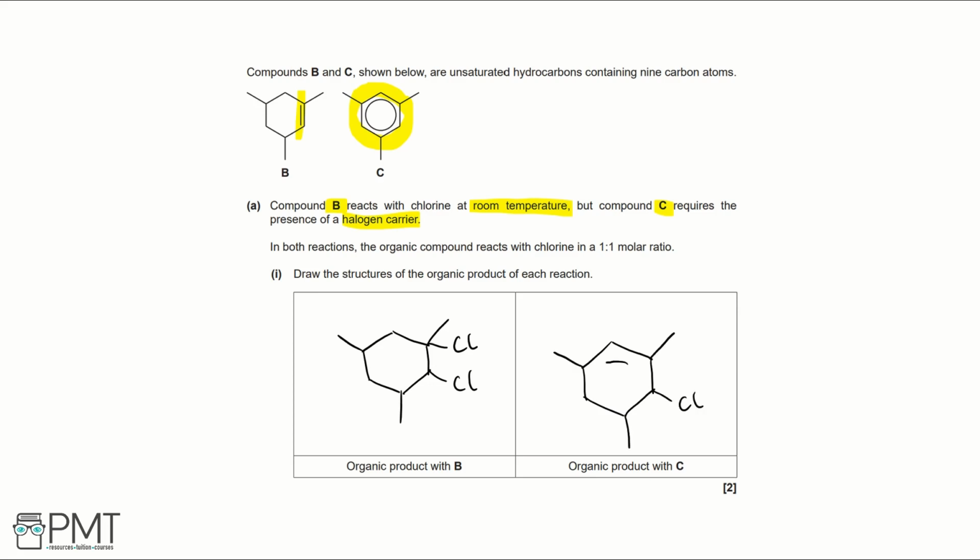So here we can add our chlorine, but the rest of C is staying the same. So you can see what electrophilic addition versus substitution looks like, because with addition, you're adding these chlorines, so you don't need a double bond, but with substitution, you're replacing a hydrogen. So to get the 2 marks for this question, you get a mark for each organic product that's correct.